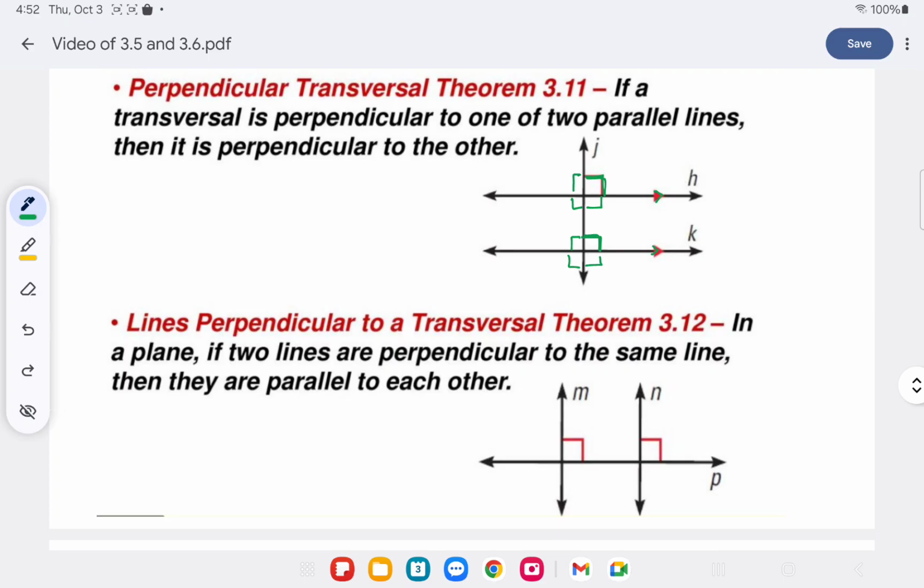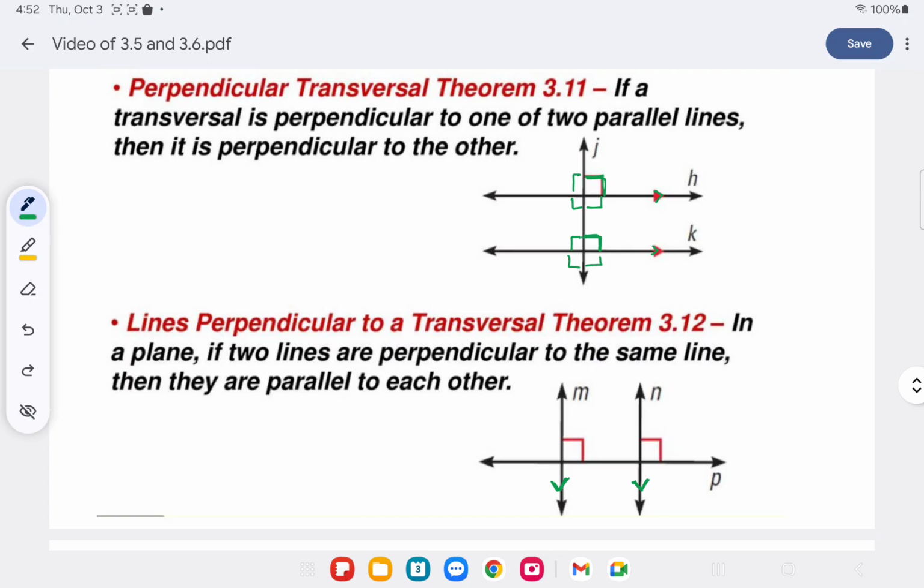And then the converse of that is also true. Oh, no, this isn't the converse. But this will also make sense. If we have two lines that are perpendicular to the same line, then those two lines must be parallel to each other. It's the converse of the corresponding angles postulate that makes this true.